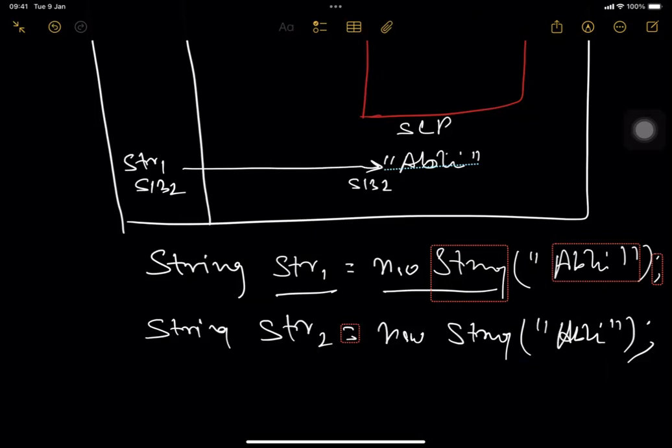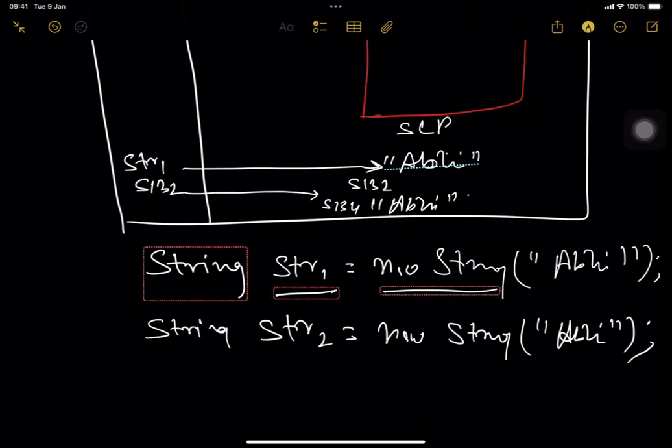That means instead of checking in the string constant pool, without checking, it will create a new object. So it will create again a new object at 5134, "abhi". Now the behavior is pretty much clear, right? What happens when we go with new, and what happens when we go without new.